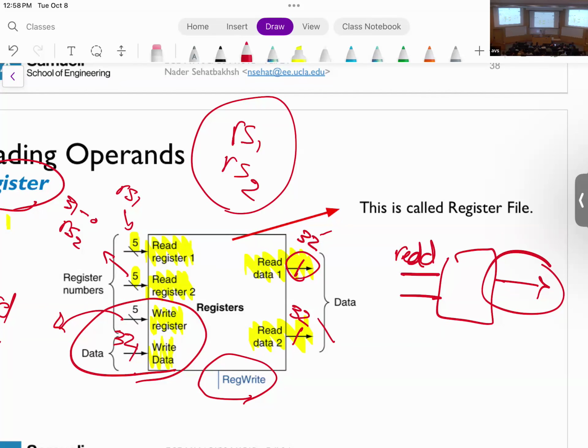The question is, what is provided if you only have one register? So what we're going to show is that we're going to always just hardwire this to the part of the instruction. If your instruction, let's say, has only one register and one immediate, you're going to essentially provide garbage, and you're going to read garbage, and you're going to discard it.